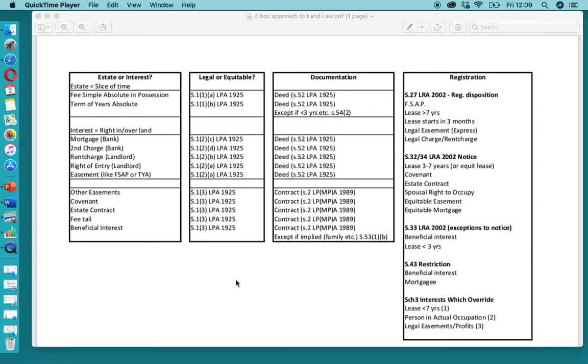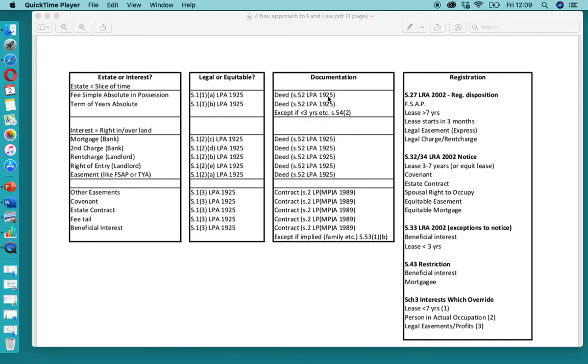Hopefully then, after the lecture that I've just delivered, you'll see that the documentation that's required, the documentary evidence that we're going to need as land lawyers to look for, is going to be dependent on our ability to map across.